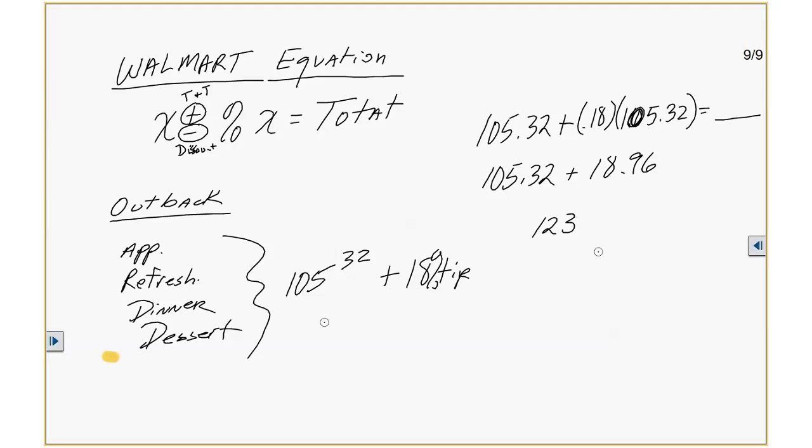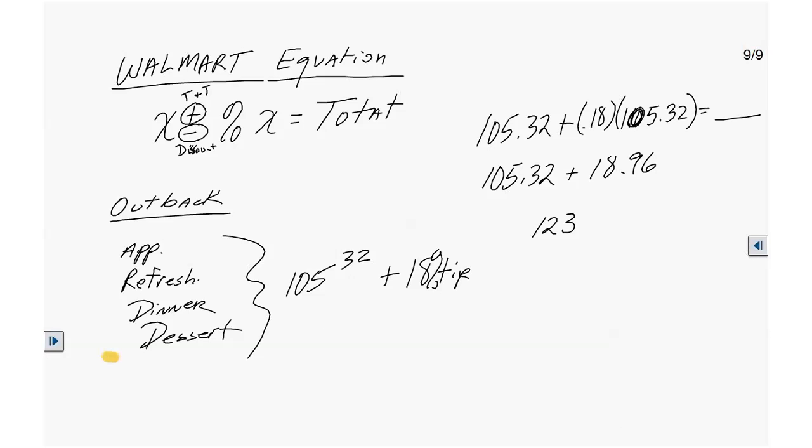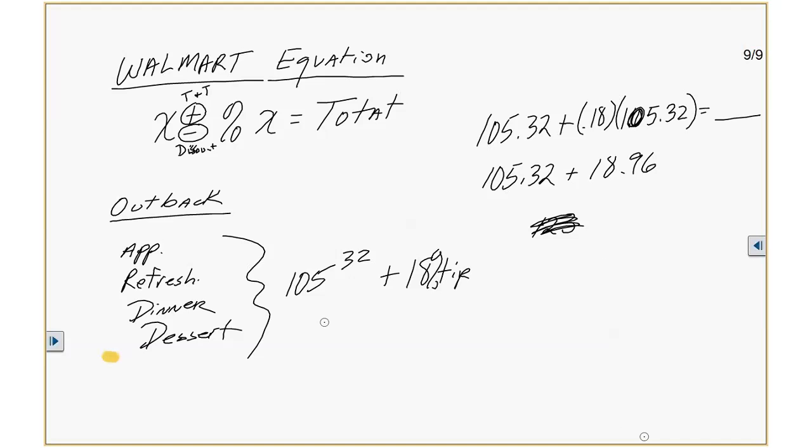What is that? The grade was dropped 10 points. What is it? 124. That's the Walmart equation.